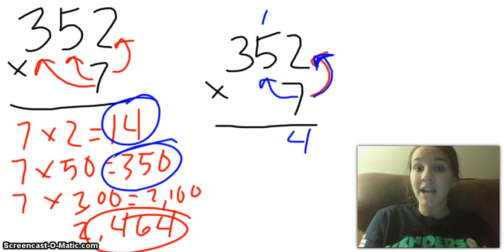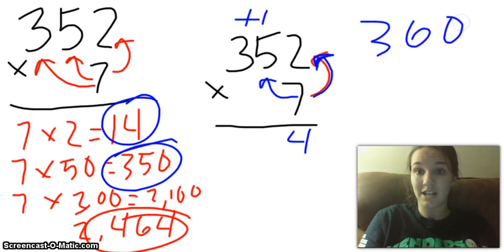So 35 tens, but I also had this one that I regrouped from that 14. So 35 tens plus one more 10 would give me 36 tens. So if I had 36 tens, that would be the same as 360.